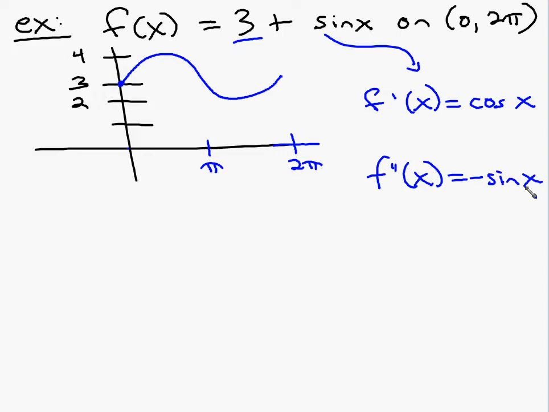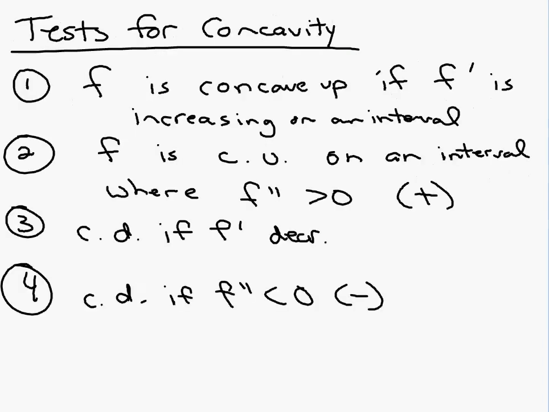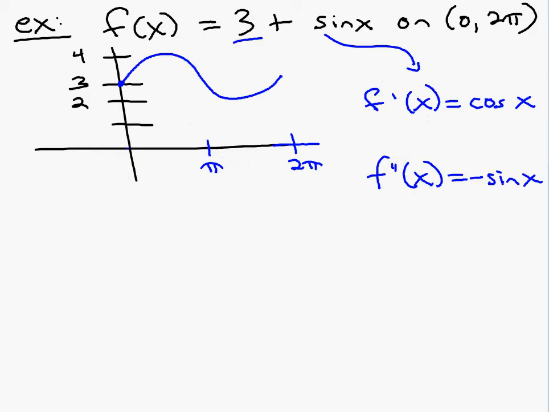Now, didn't we just say, let's come back to our summary screen, it's concave up where the second derivative is positive, right? I think it's going to be easier to look at the second derivative. So, don't we know how to graph this thing? Isn't that just the sine function, but it starts down instead of starting up?